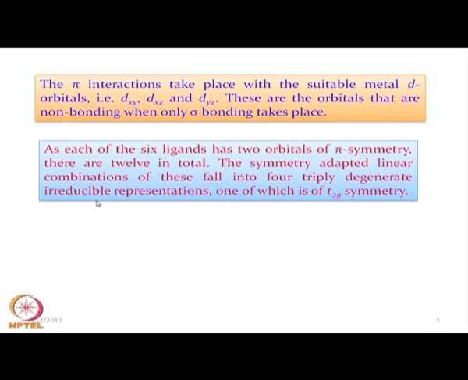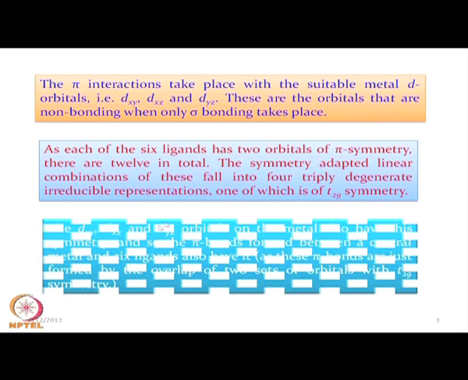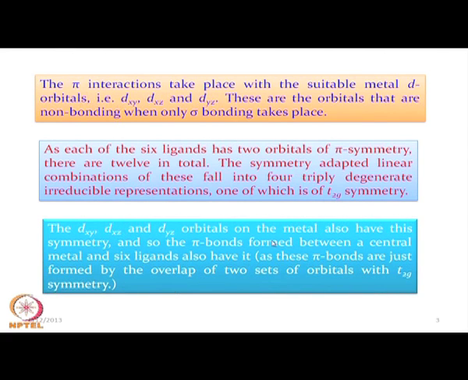So, one of the irreducible representations within the reducible representation of this group of pi symmetry will have a similar symmetry, which is T2g. So, these 3 orbitals will have the same symmetry, and pi bonds will therefore be formed between the metal ion orbitals and the 6 ligands, and these pi bonds are just formed by the overlap of two sets of orbitals with T2g symmetry.